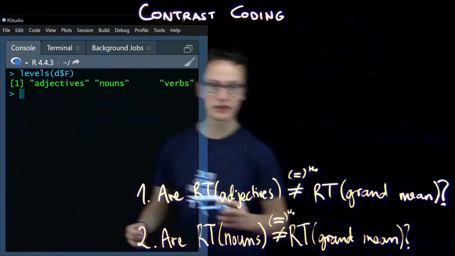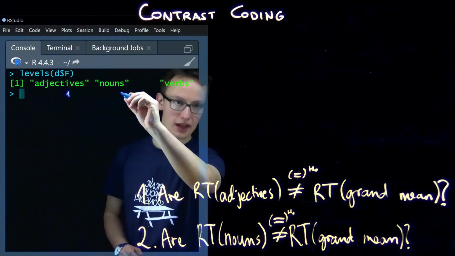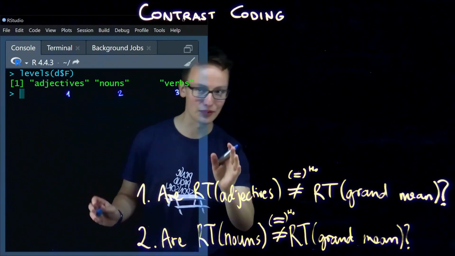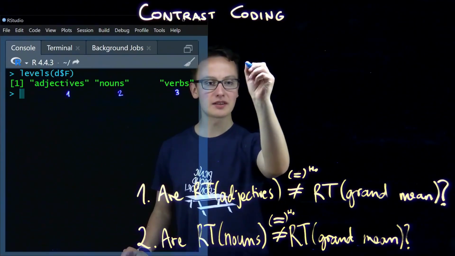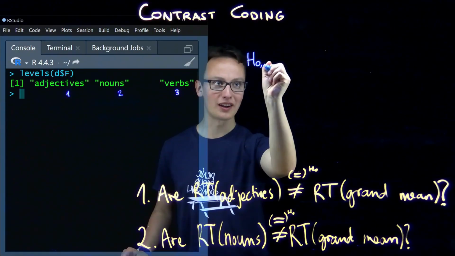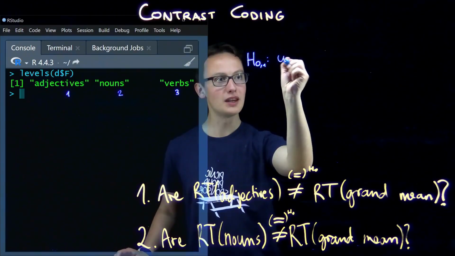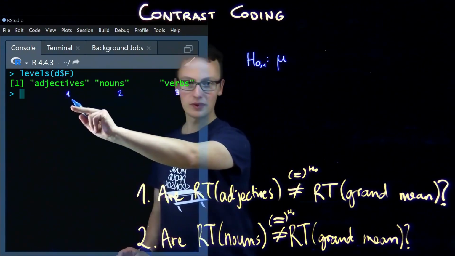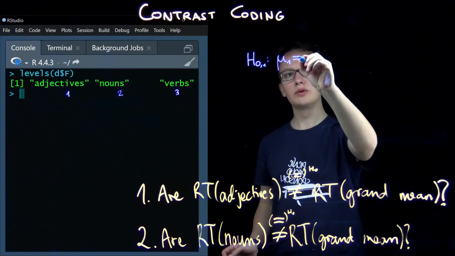If I abbreviate the class of adjectives as 1, the class of nouns as 2, and the class of verbs as 3, just to index different variables in the equation, then my null hypothesis regarding the first question, H0,1, would state that the mean of the reading times, or whatever the dependent variable is, of the first group, the adjectives, is equal to the grand mean.